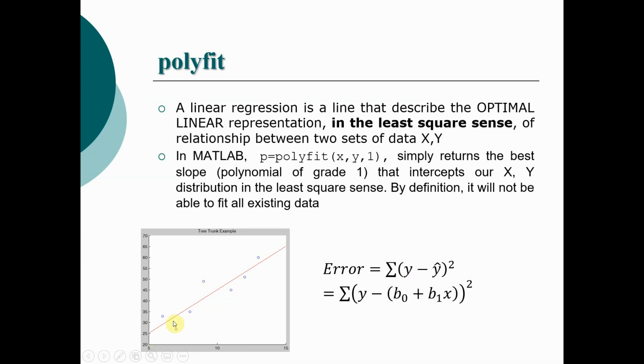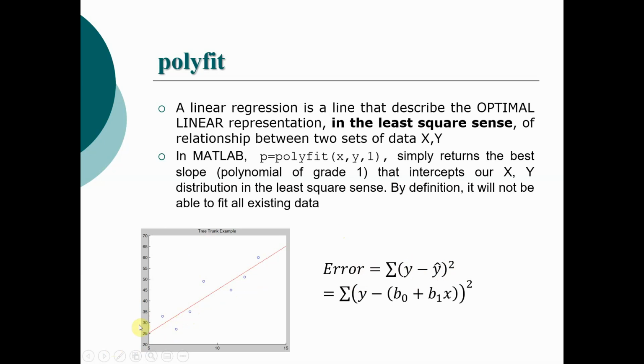If we find all these differences, like y1 minus y hat 1, y2 minus y hat 2, y3 minus y hat 3, and we raise each difference to power 2 to get rid of the negative sign, because it doesn't matter if it's positive or negative, we only want the absolute value of it.